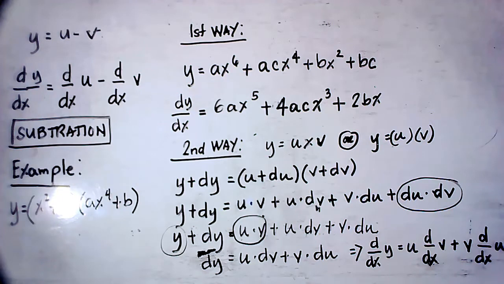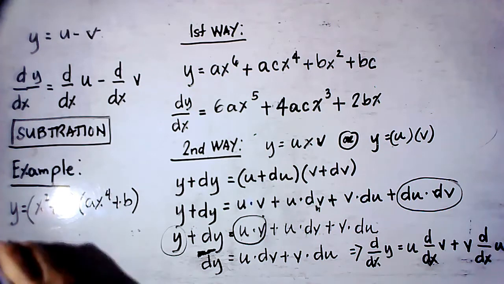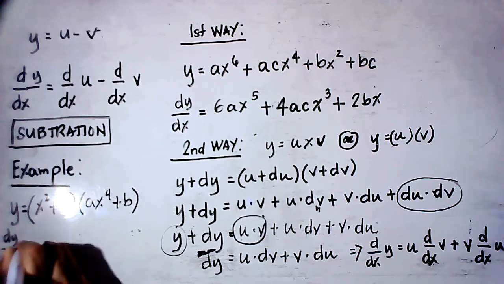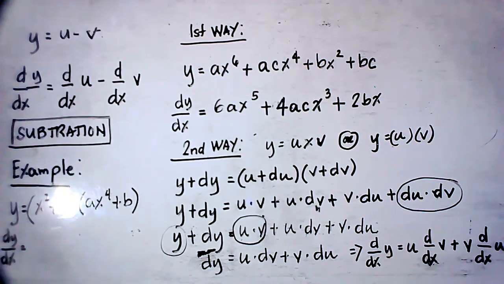And that would give us the value for dy over dx, which is equals to, if you are going to use this equation, the second way to differentiate the product of two functions, you multiply each function by the derivative of the other, and together the two products are obtained.